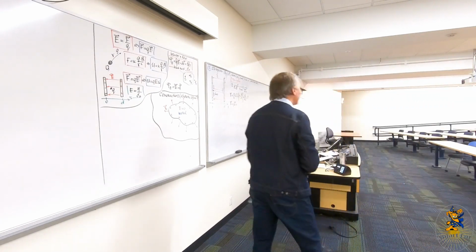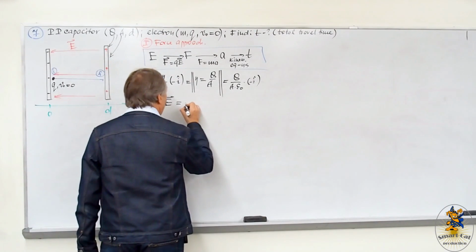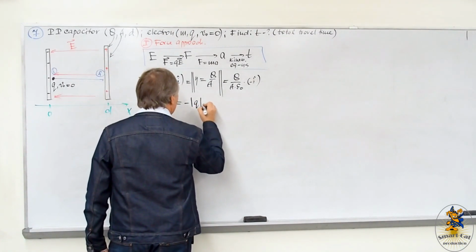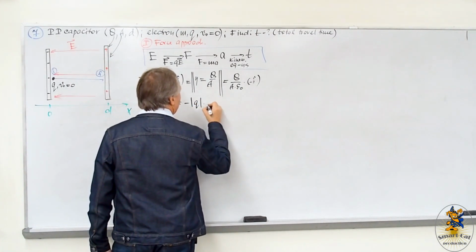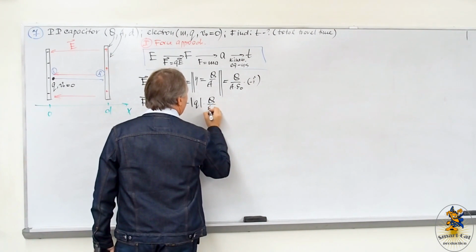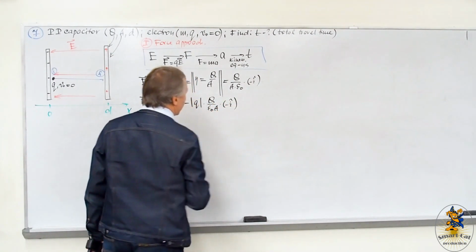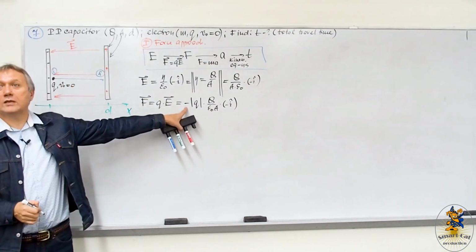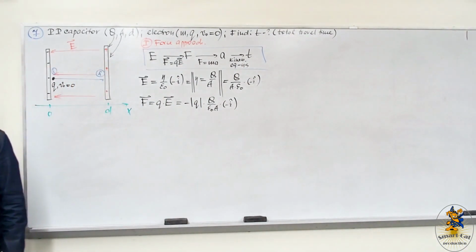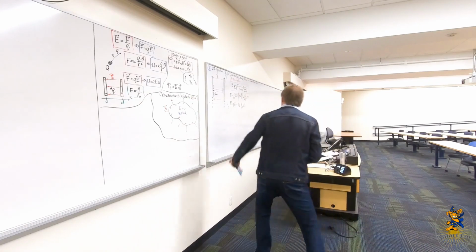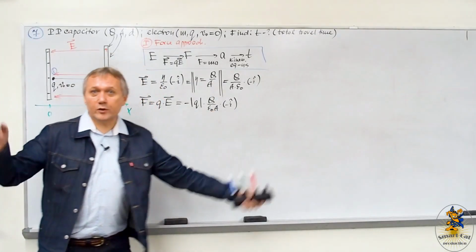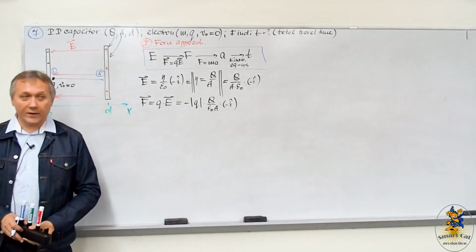Let's show that minus explicitly. So minus the absolute value of the charge times the electric field, Q over epsilon naught A, in the minus i hat direction. I just wrote that minus explicitly. So minus from here, minus from there is going to give us force in the positive x direction.